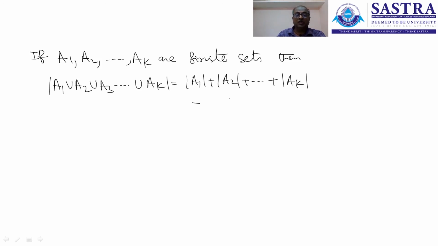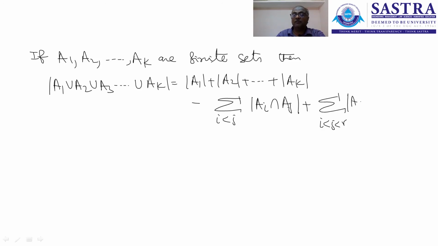Now let me write down like this: minus the summation over i less than j of the cardinality of AI intersection AJ, plus the summation over i less than j less than r of the cardinality of AI intersection AJ intersection AR, minus and so on, plus minus 1 whole power k times the cardinality of A1 intersection A2 intersection A3 and so on intersection AK.